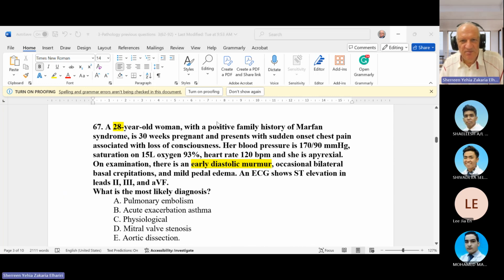28 years old woman, positive family history of Marfan syndrome. In the previous case, we mentioned rheumatic heart, so you can have valve disease. But here they mention Marfan syndrome. Marfan syndrome is an autosomal dominant disease that affects collagen. The patient usually is tall, with hyperlaxity, and can have a lot of problems like lens dislocation and abnormal joint movement.